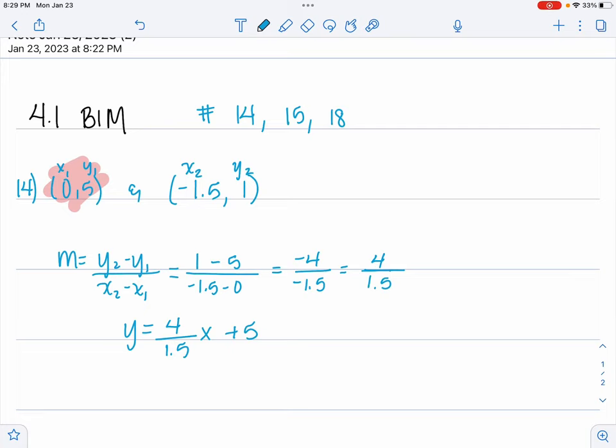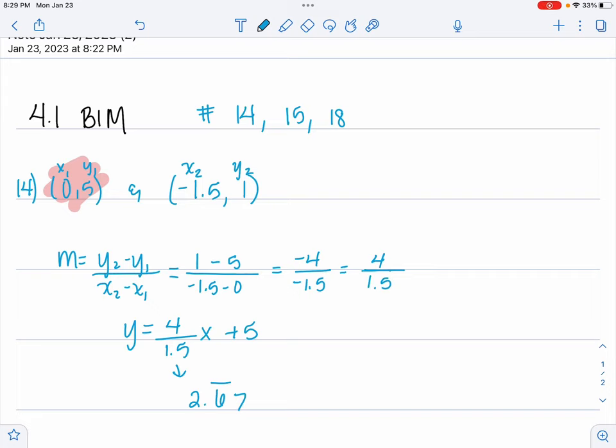Another acceptable answer, potentially, let's see what that is if we divide 4 divided by 1.5. Okay, so the problem with doing this, and I'm looking at some of the responses, and they were really close, is that when you do 4 divided by 1.5, you get 2.6 repeating, or 2.67.